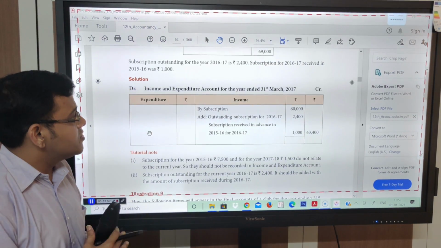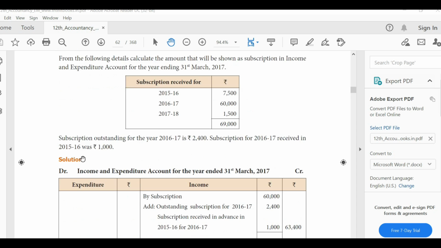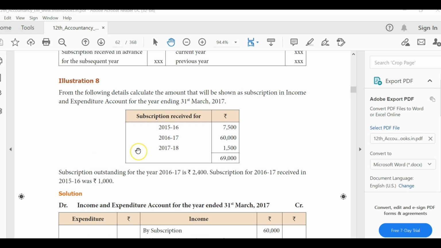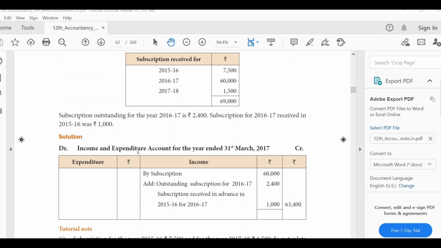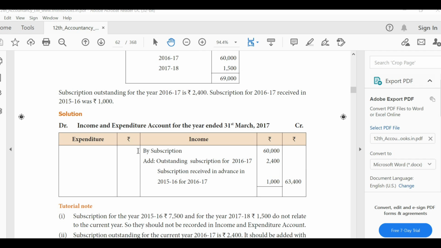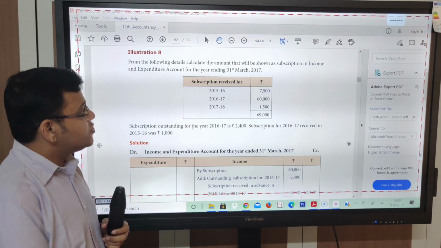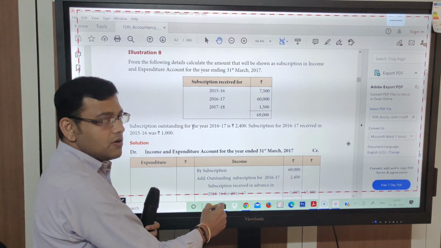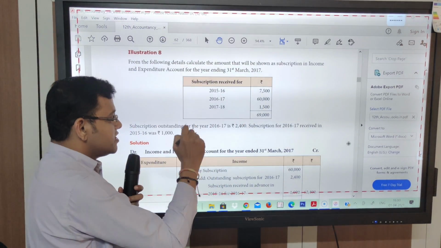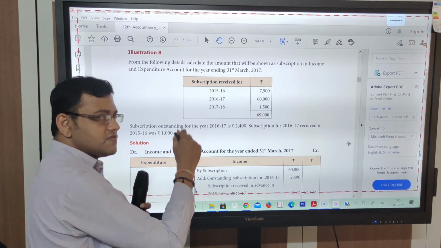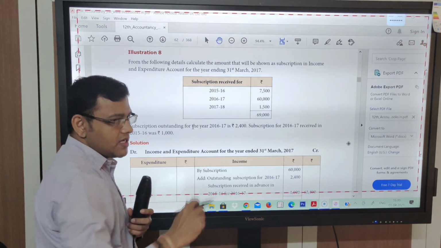So the total received was how much? 60,000. To this we will add the outstanding, because it's already given for which year. For 16-17, 60,000 is given. Otherwise what you should have done, you should have excluded from 69,000 the 7,500 which is for 15-16 and the 1,500 which is for 17-18, and you would have got 60,000 as the answer.